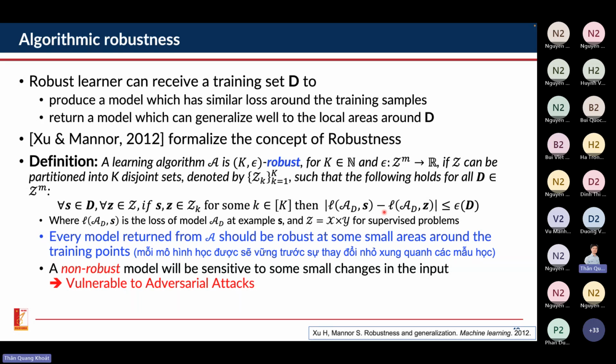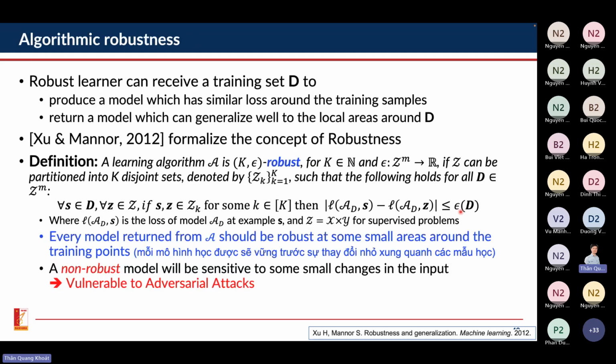Two close points should have similar losses, and it is upper bounded by epsilon D. And this quantity represents the robustness of the learner. A small change in the input should produce a small change in the loss. Okay, and in that case, it is called a robust learner.